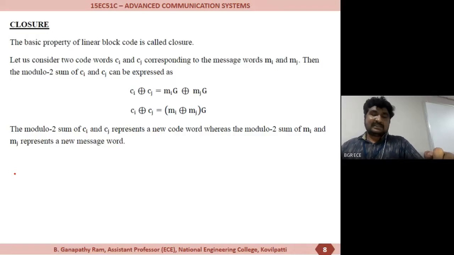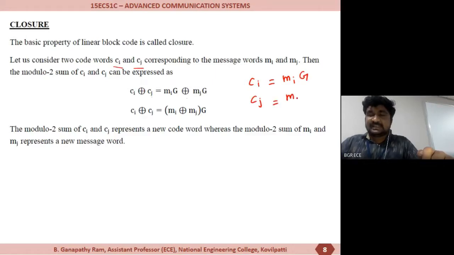It describes that if two code words Ci and Cj correspond to the message words Mi and Mj, then the modulo 2 sum of Ci and Cj will be expressed as Ci modulo 2 Cj equal to (Mi modulo 2 addition with Mj) times G, because Ci is generated by Mi into the generator matrix, and Cj can be written as Mj into the generator matrix.